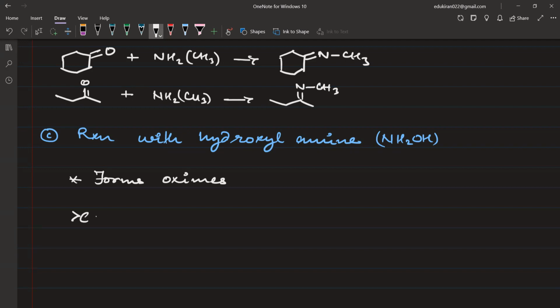In general, C double bond O plus NH2OH, or C double bond O, N bonded to OH.